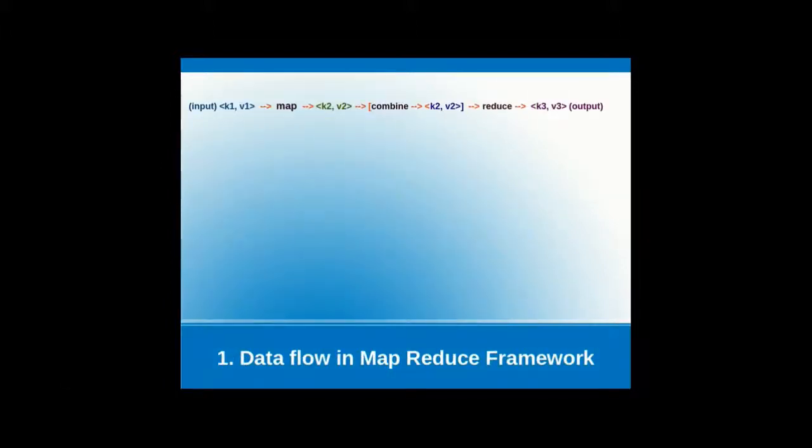So data flows in MapReduce in different phases: map phase, reduce phase, and an optional combiner phase. Map will take the input file and read the file as key value pairs. The key value pair k1 v1 is the input for the map method or map phase, and map will generate k2 v2 as output.